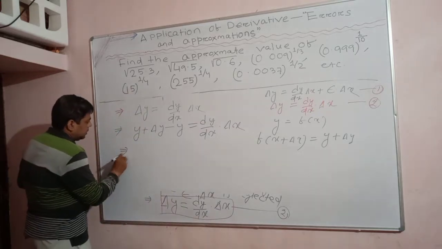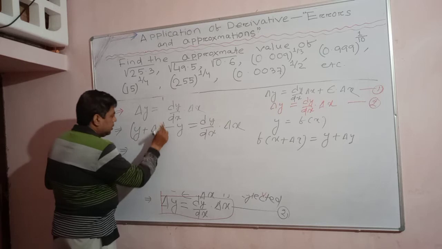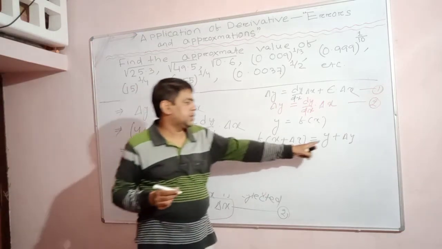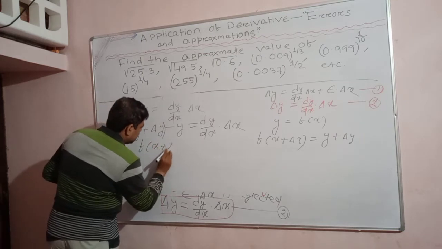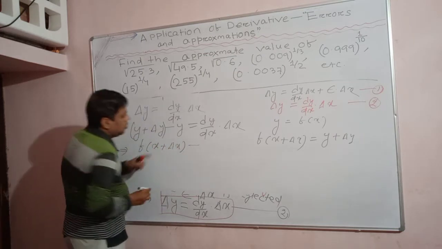Now let us keep the bracket here. Now y plus del y value, how much? It is f of x plus del x. Minus, what is the value of y?